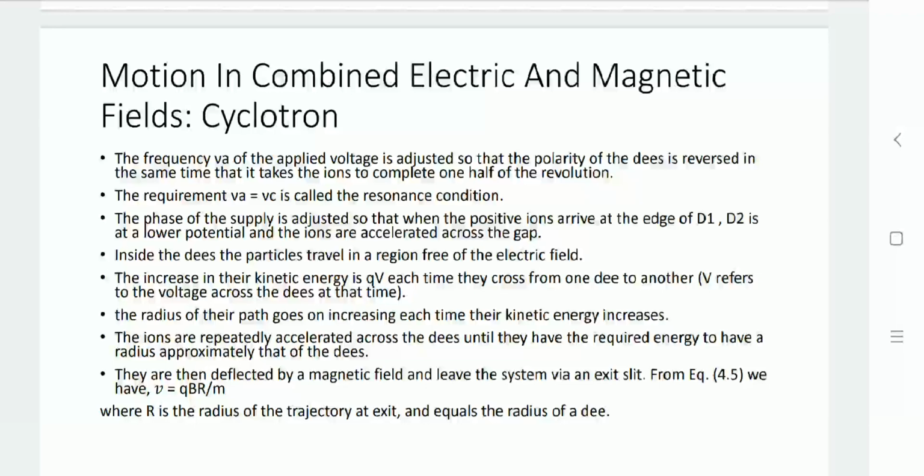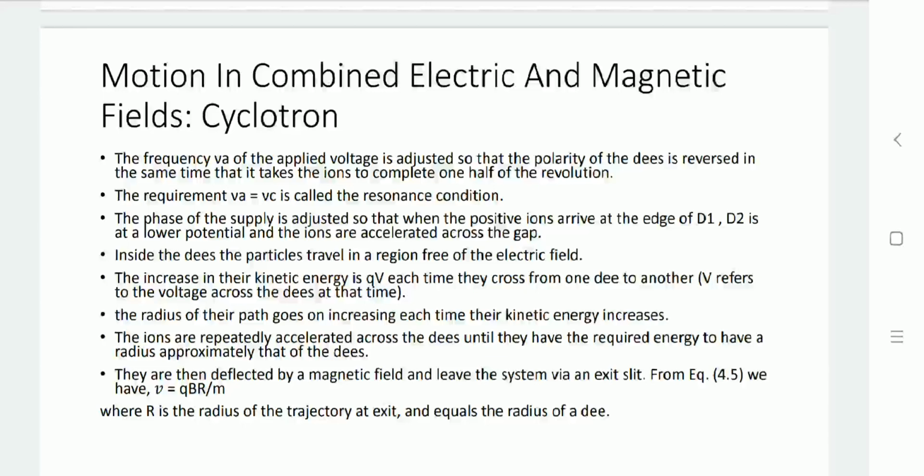Each time, their kinetic energy also increases because the electric field is present and the ion is accelerated through that electric field. So the ions are repeatedly accelerated until they have the required energy to have a radius approximately that of the Ds. The maximum radius of that spiral is equivalent to the radius of the Ds.